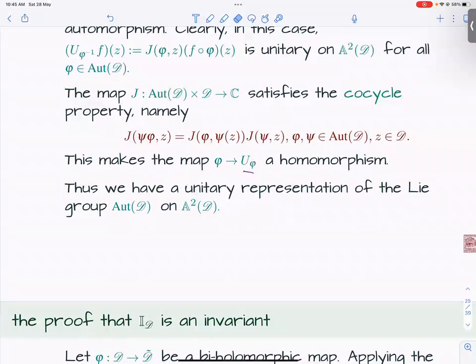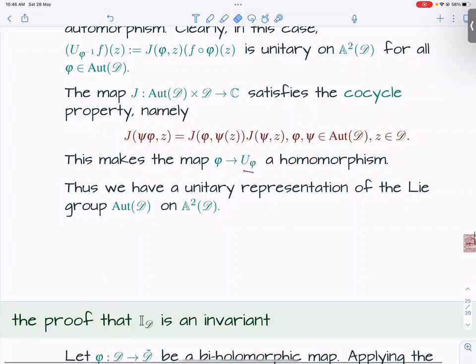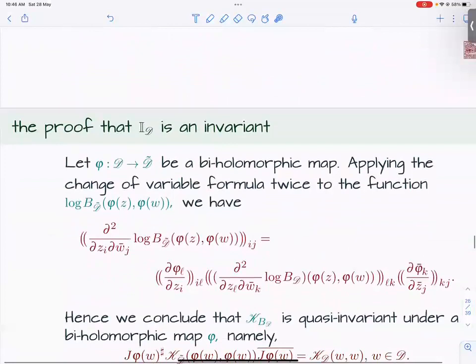Therefore, whenever you are looking at the group Aut D, the set of all automorphisms of the domain D, the holomorphic bijective maps of the disk, to unitary operators on the Bergman space A^2(D), you always have this phi going to u phi as a unitary representation. Okay, this is an aside. This is not really so important for now.